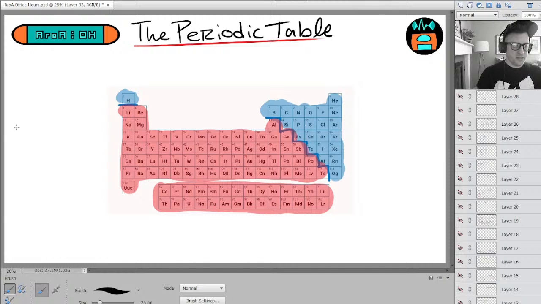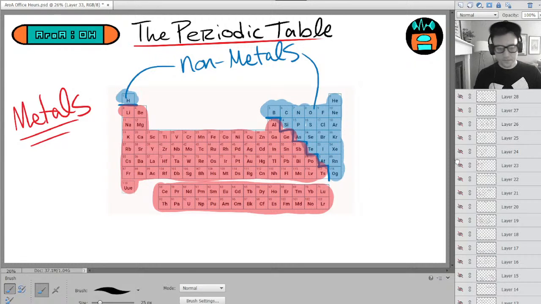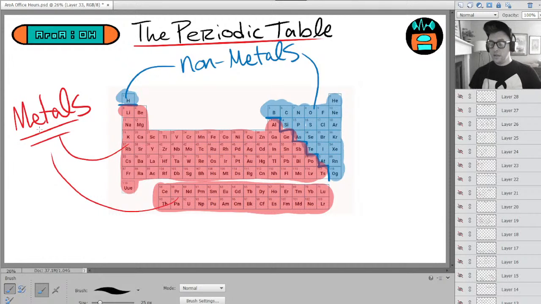So these are our metals. These are our nonmetals. Here and here. And you do need to be able to identify this. I could ask you on an exam, identify your metals, identify your nonmetals, etc.